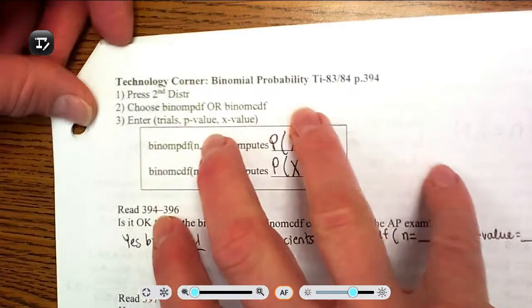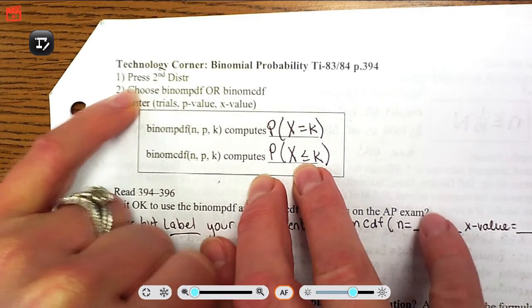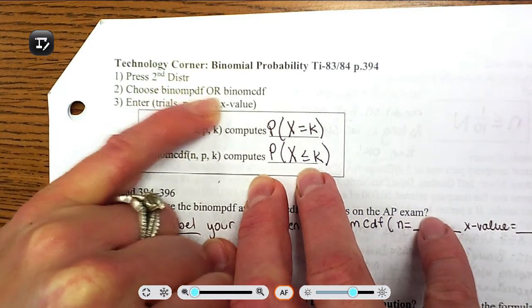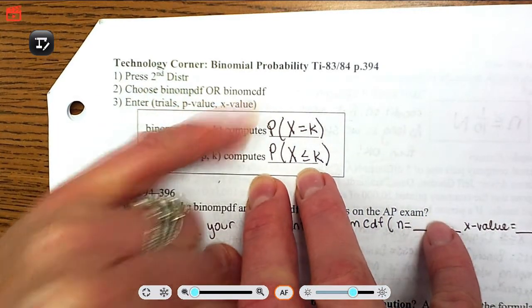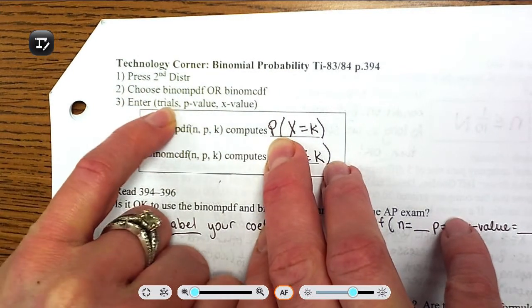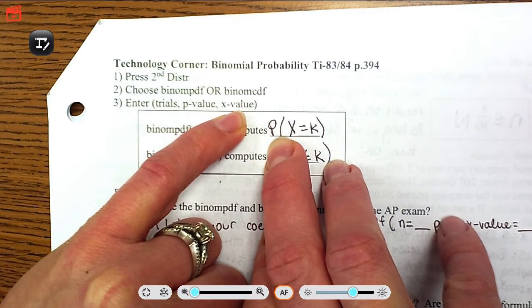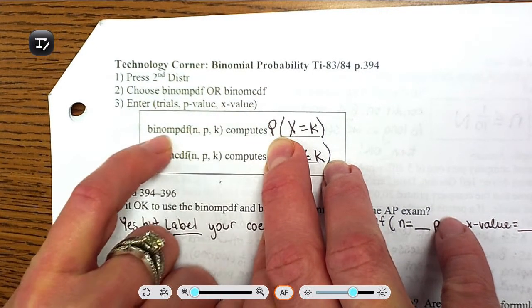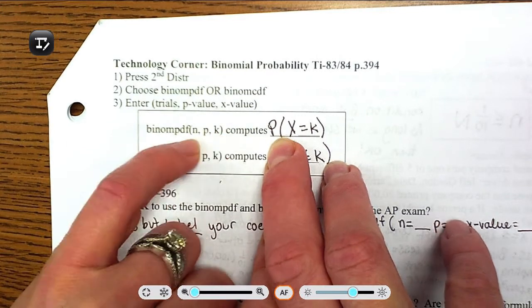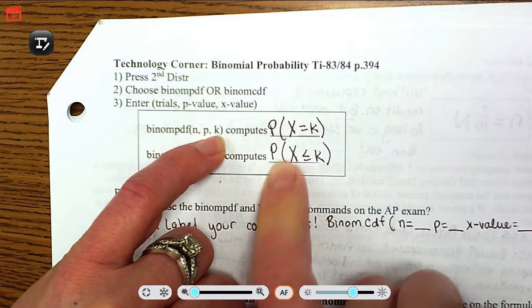So let's talk about binomial random probability. You can also go to second distribution, choose binom PDF or binom CDF. Now here's the cool part about this. You can just enter the number of trials, the probability, and the number of successes. So n, p, k is number of trials, probability, and number of successes.